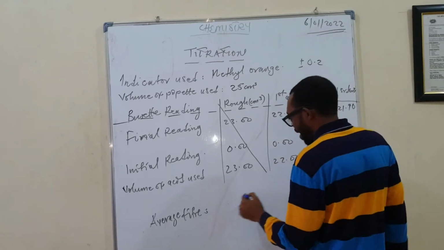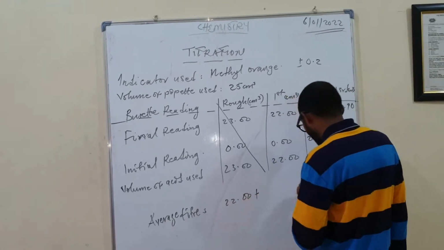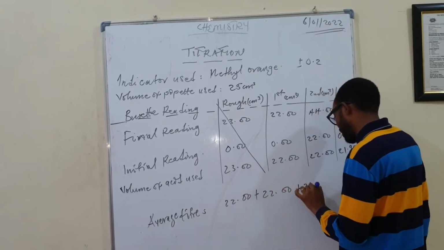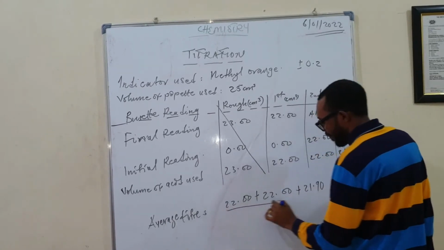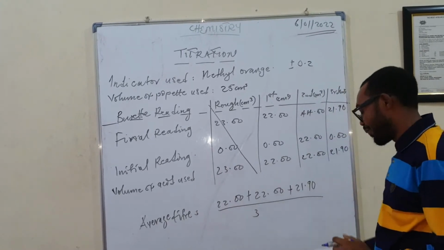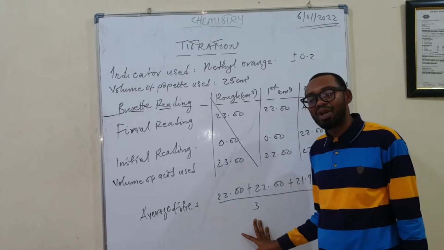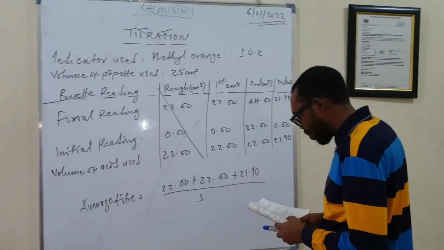Okay, so here we have the first titration, which is 22.00 plus 22.00 plus 21.90. Now all divided by 3. And once that is done, you know fully well that the average titer is also the volume of acid. The average titer is also known as the volume of acid.